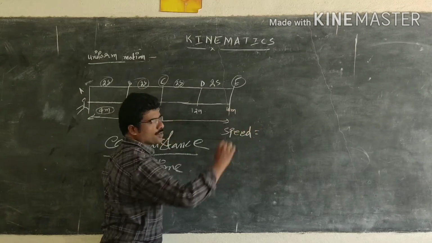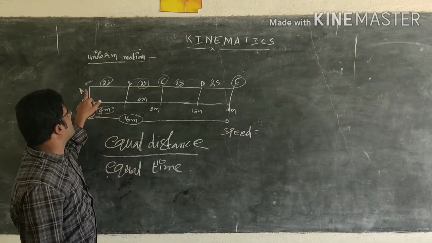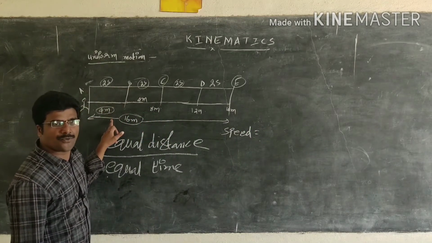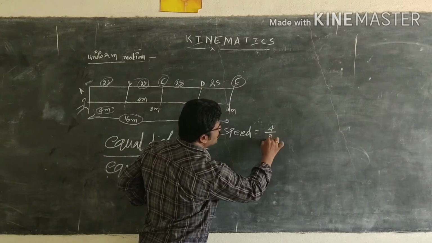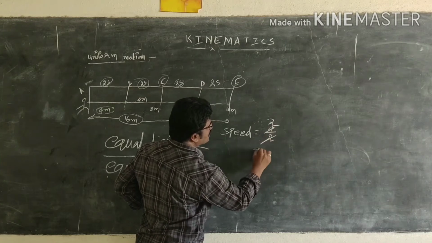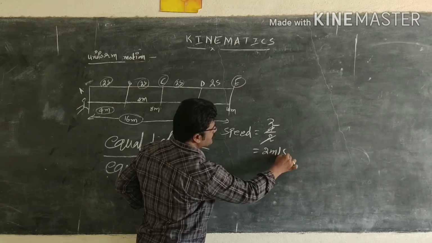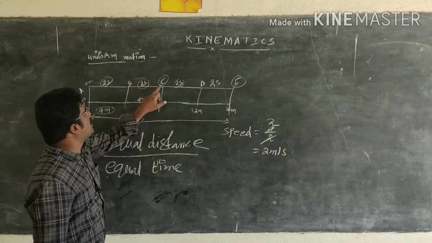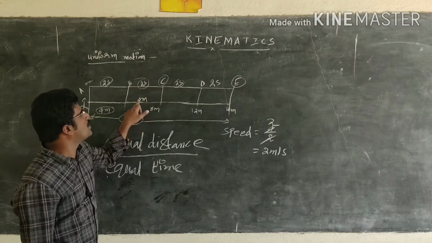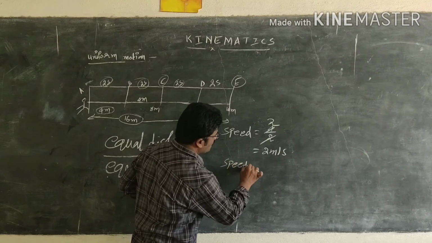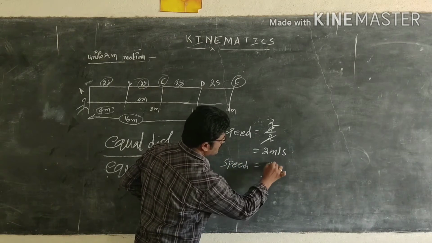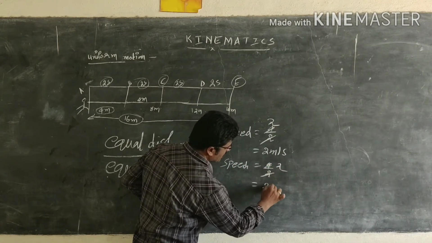Now, if you calculate the speed at each point, what is the formula for speed? Speed equals distance by time. Between A and B, the distance is 4 meters. What is the time? 2. That is 4 by 2, which is 2 meters per second. Next, B to C, the distance is 4 and the time is 2. Therefore, speed equals 4 by 2, that is 2 meters per second.